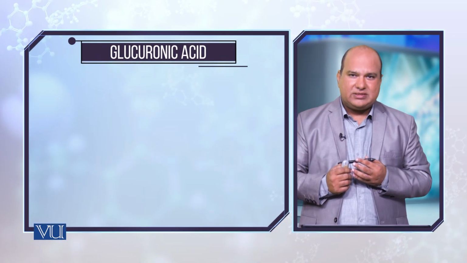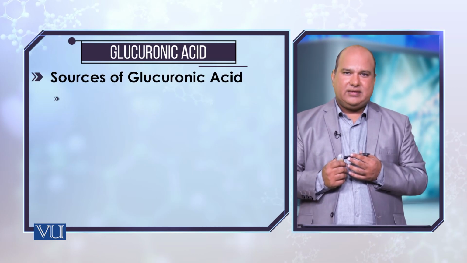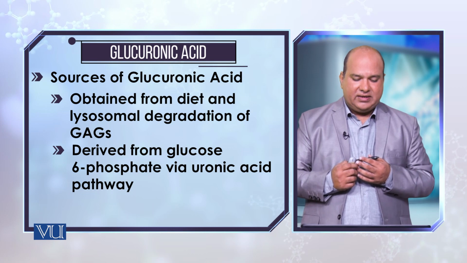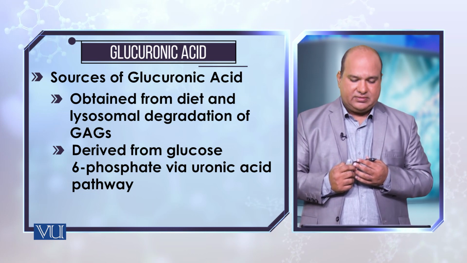You have already learned about the amino sugars. Similarly, the second important portion of the GAGs are the acidic sugars. The two acidic sugars which are used in the formation of GAGs are glucuronic acid and hyaluronic acid.